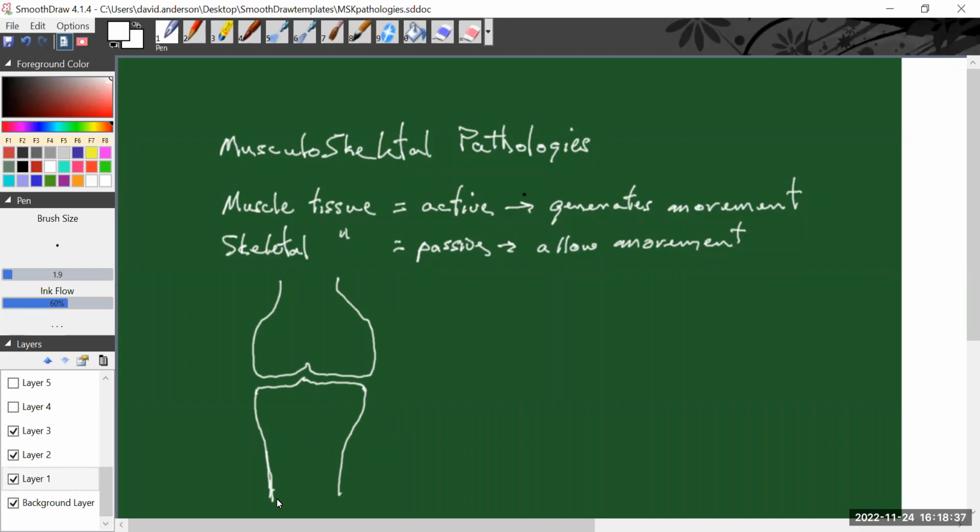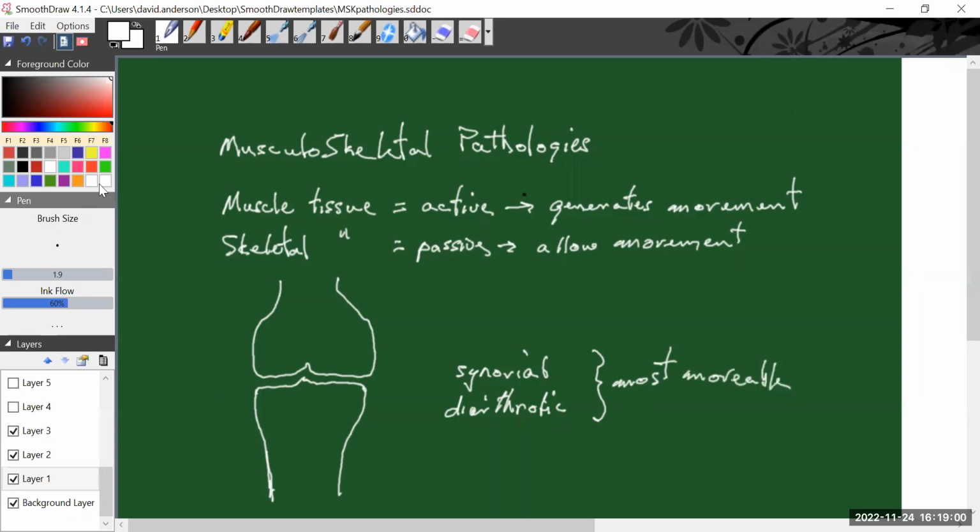And most of our mobile joints in the body are described as being synovial or diarthrodial. And those are the most movable joints in the body.